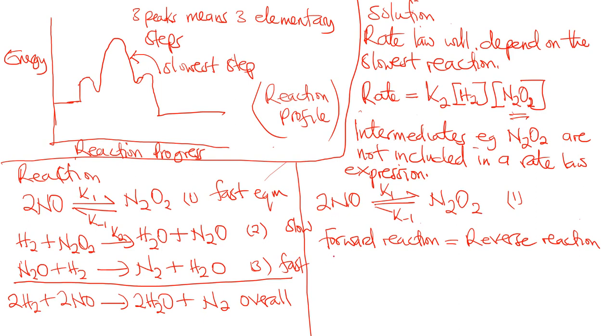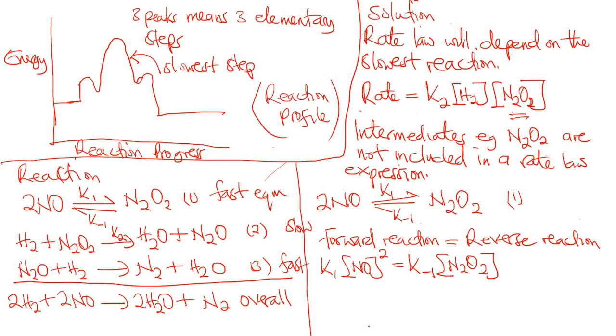So what it means is the rate of the forward reaction, which is given by K1 NO squared, is equal to the rate of the backward reaction, which is given by K-1 N2O2. So these two rates are equal but opposite.